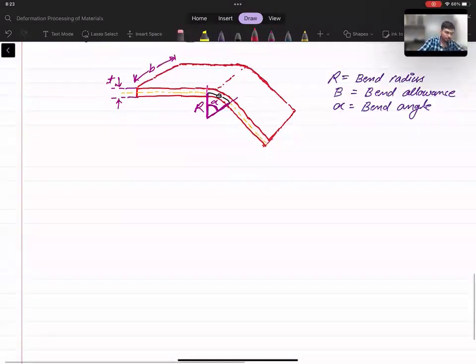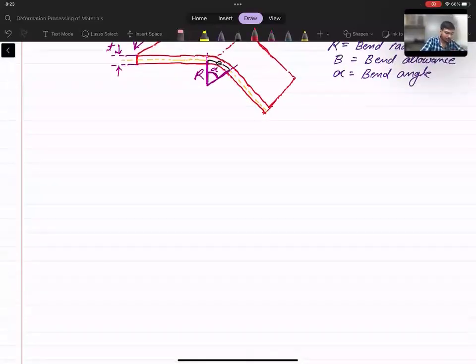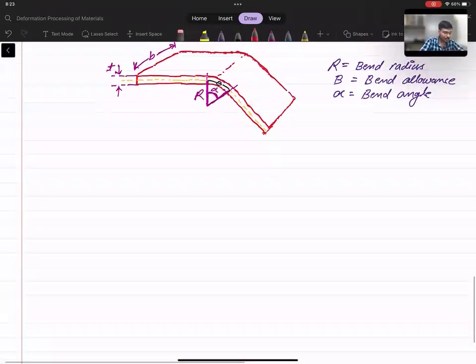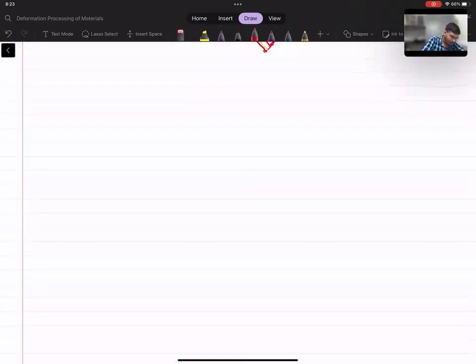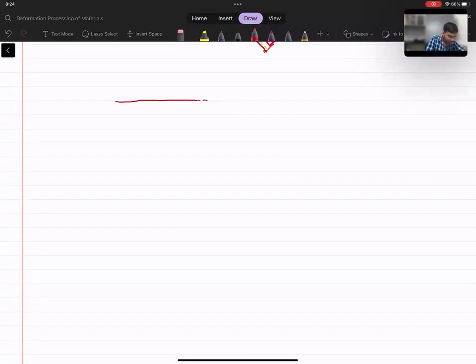If I see the front view of this particular schematic again, and then we consider the spring back, then how it appears is, say this was our sheet, and say this is the final shape we want.